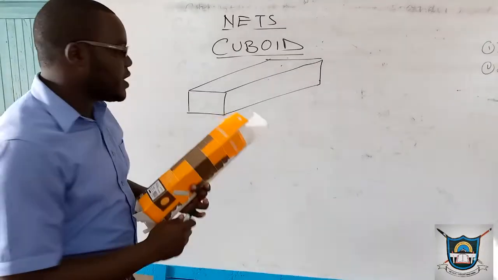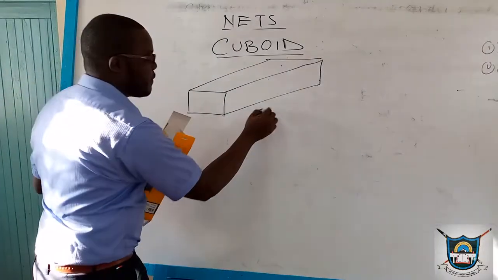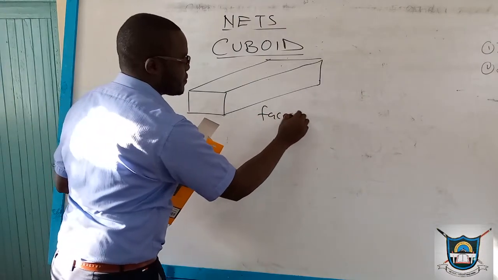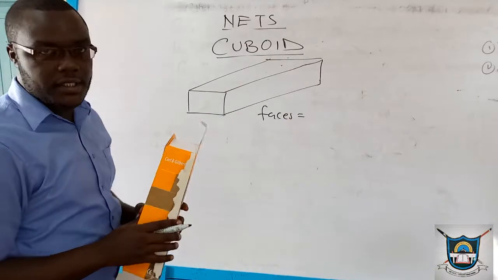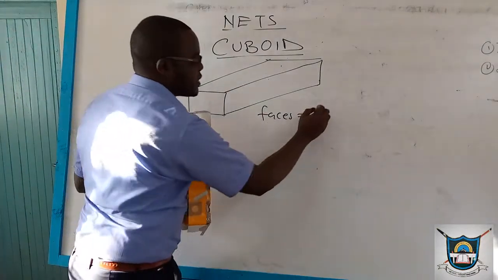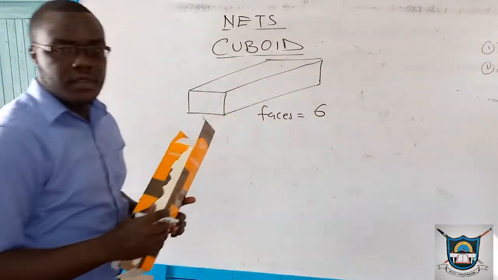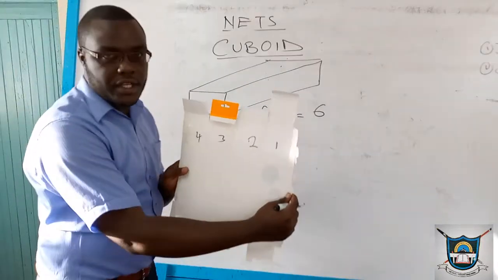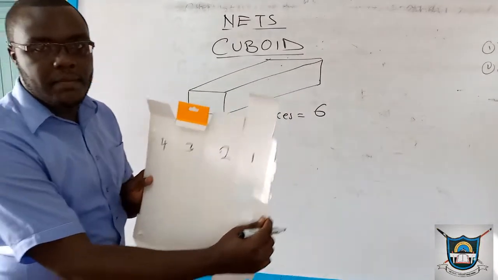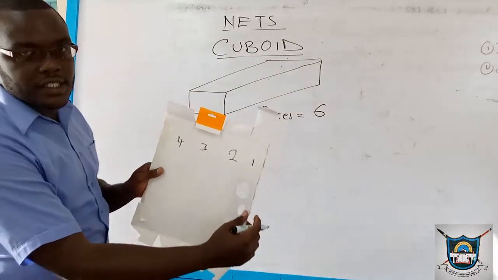So the first thing, we need to look at the number of faces. A cuboid has a total of how many faces? 6. And as you can see, I have labeled the first 4 here, and I'm going to start by drawing the first 4 faces.